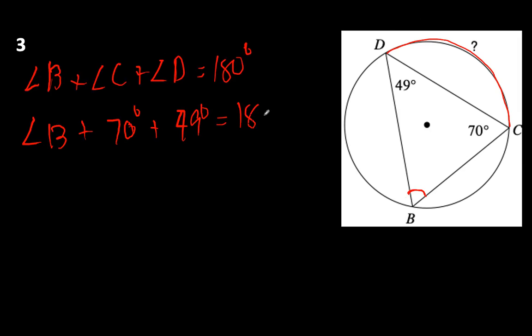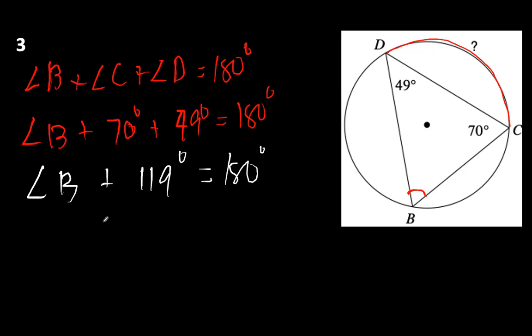Okay, we better use the white one. So angle B plus this, 119, is equal to 180 degrees. All right, so angle B is equal to 180 degrees minus 119 degrees.